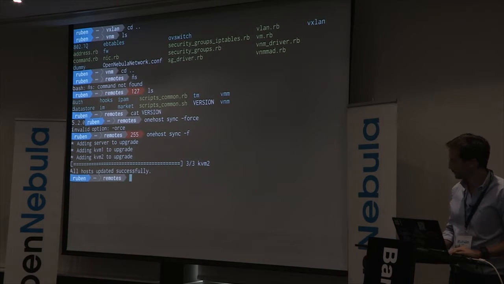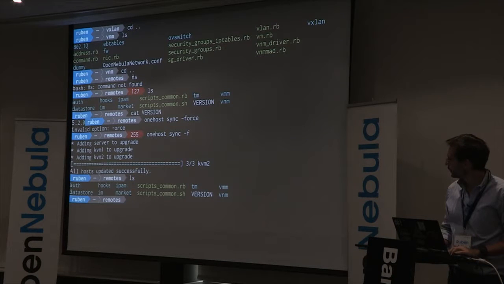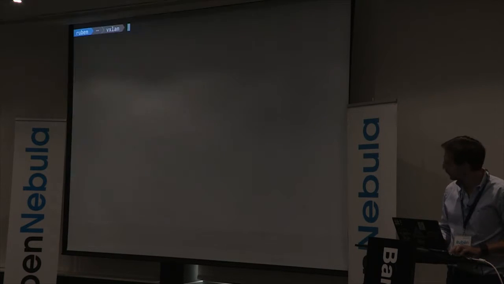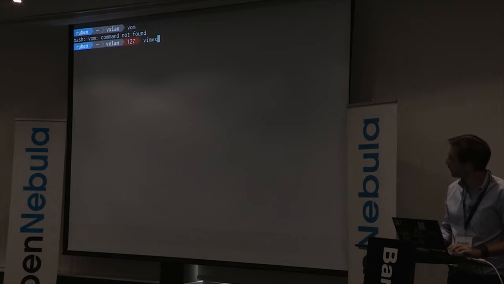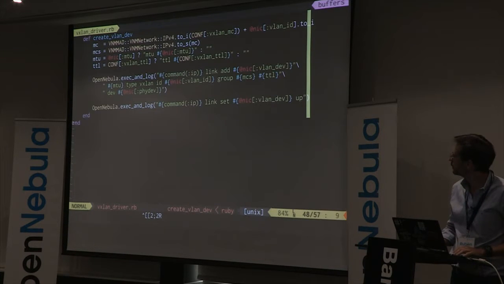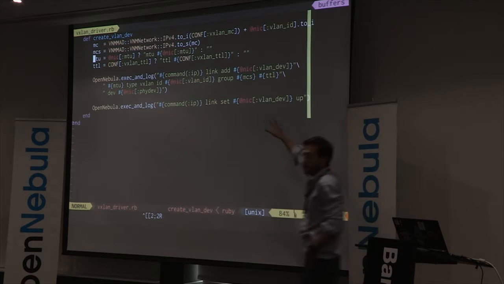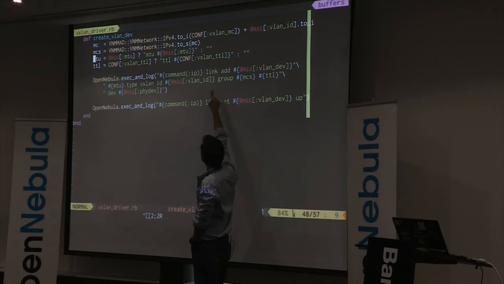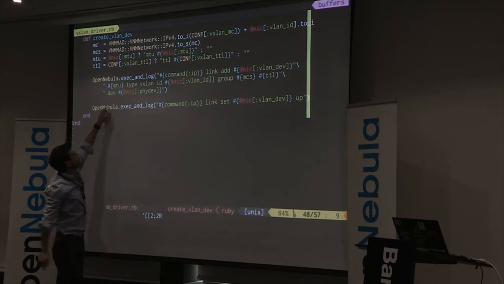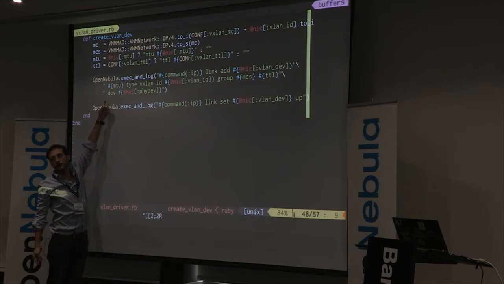But if you take a look at the VXLAN driver, what is happening backstage is quite simple. So basically, what we are doing is creating the interface, and for example, here, if the MTU is defined, you use that.